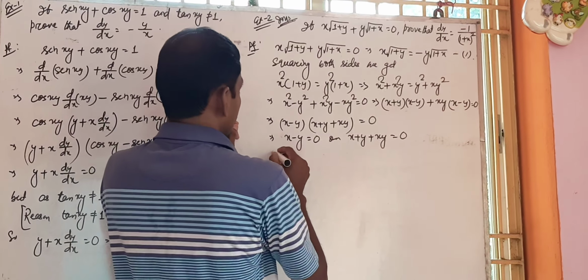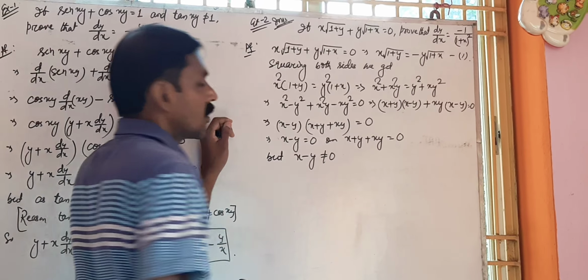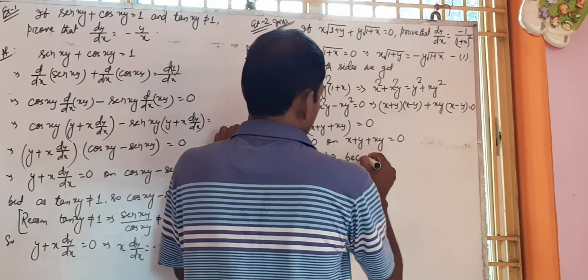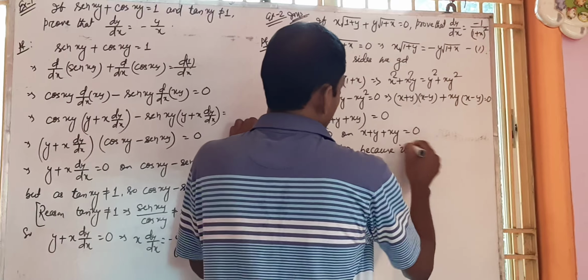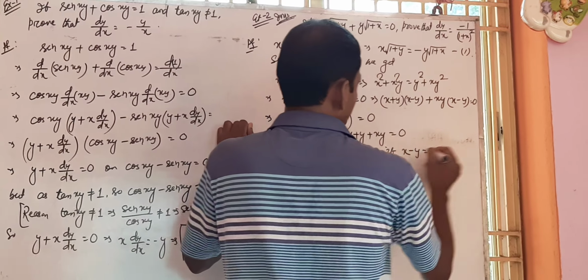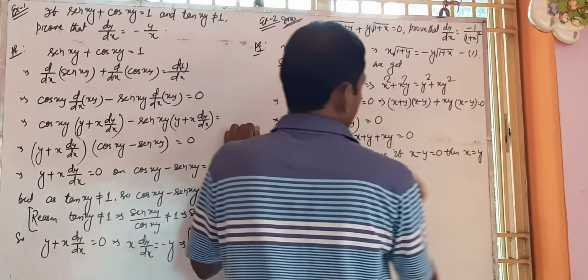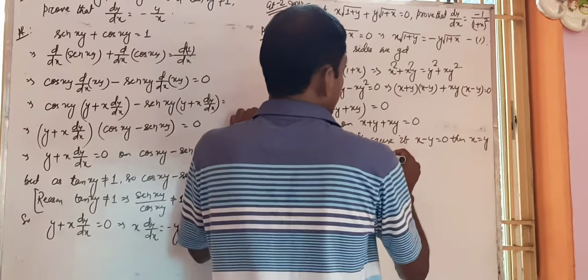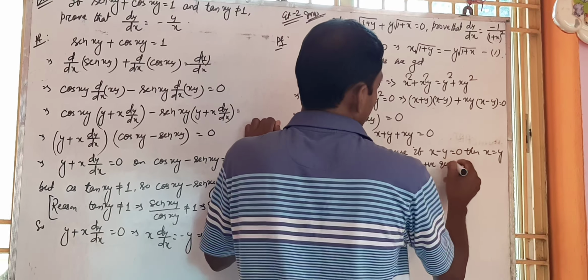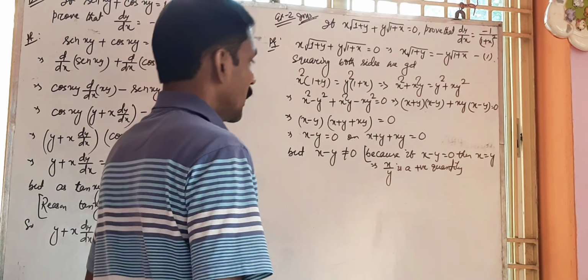But x minus y should not be equal to 0, because if x minus y equal to 0, then x will be equal to y. This implies x by y is a positive quantity, right?